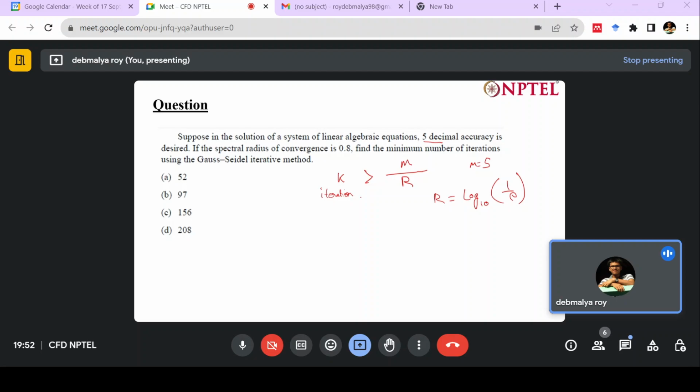So here we just have to put in the values. So m is 5, and we have log 10 of 1 by 0.8, where the spectral radius is 0.8. You can put it in your calculator and find out how much this is.